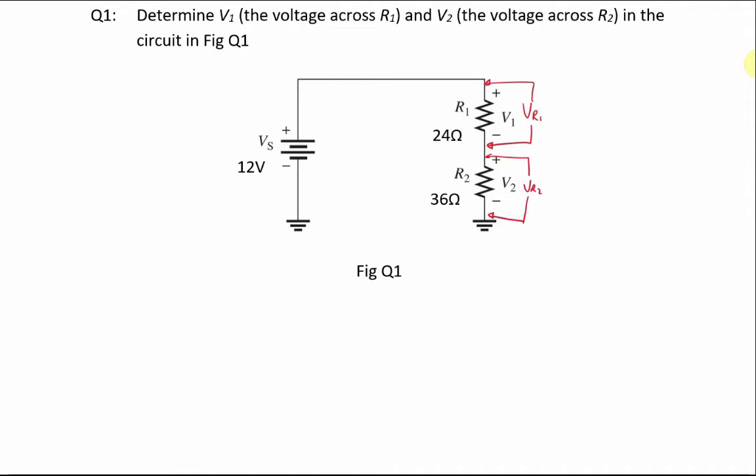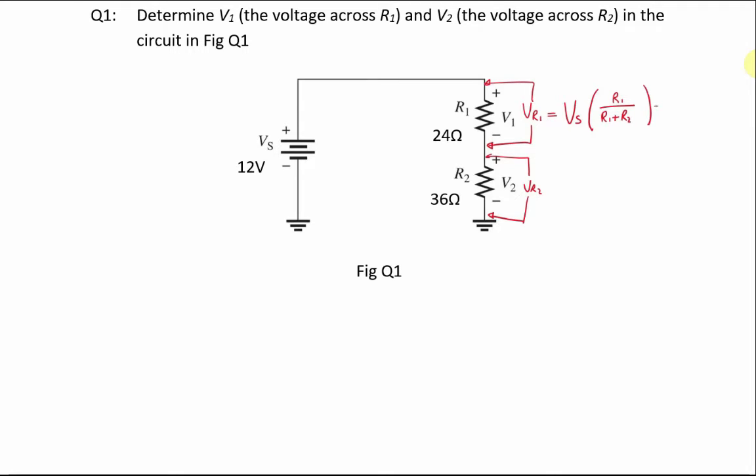So while I'm doing the calculations on this, if we want to find the voltage across R1, what we do is we take the voltage supply, Vs, and we multiply that by the resistance we're interested in, in this case R1, divided by the total resistance in the branch, which is R1 plus R2.